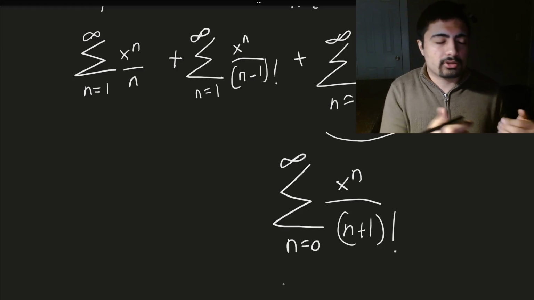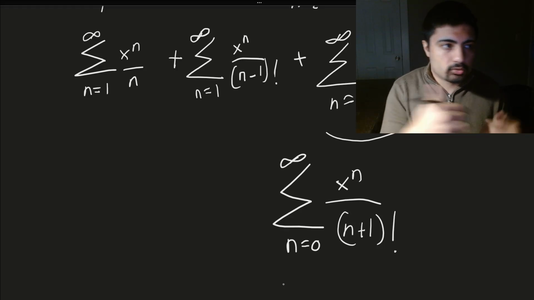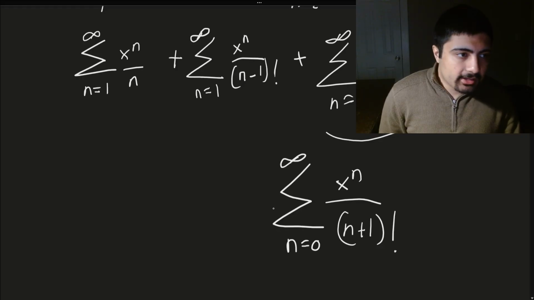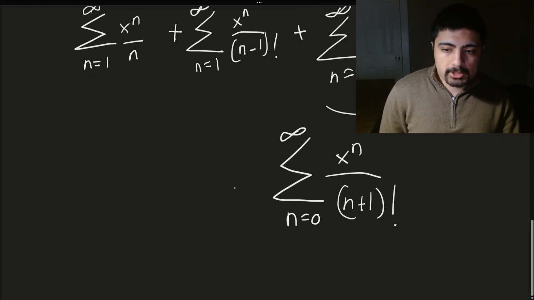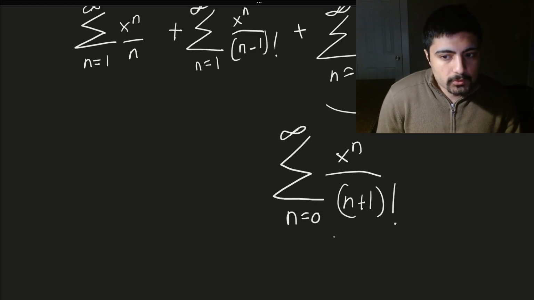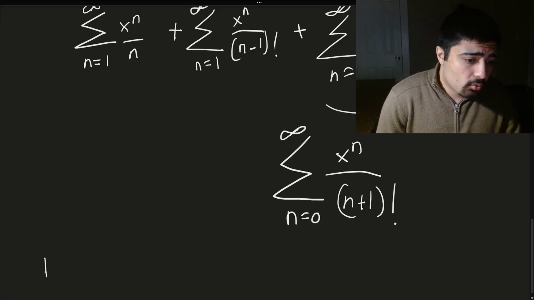So we're going to have a little addition operation between the two series. What we want to do is just expand the first term, so plug in n equals 0. Okay, let's plug in n equals 0. If we plug in n equals 0, x to the 0 is going to be 1, divided by 0 plus 1 factorial, which is 1 factorial. So we're going to have just plus 1. So 1 plus, and I'm going to rewrite this series.